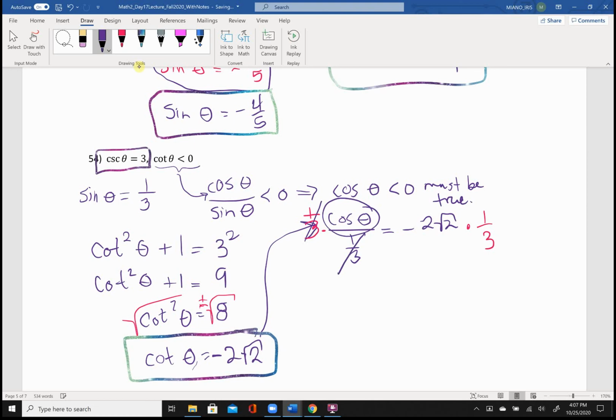We're just left with cosine theta. Multiplying by 1/3 is kind of like you can extend that line there, and then the 3 just slips into the denominator position, and we'll have -2√2 over 3 will be cosine theta. Okay, check my notes on that. Yep, that's good to go.